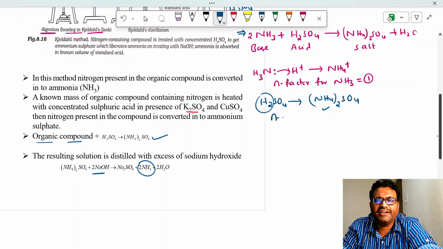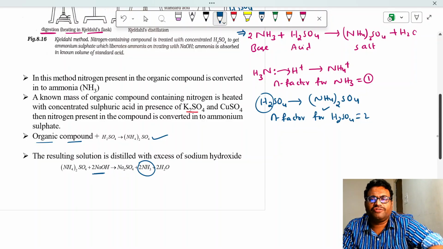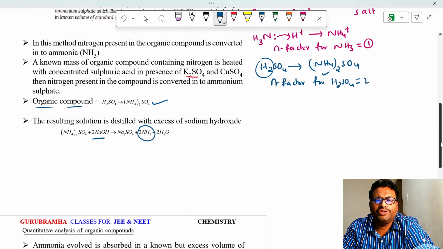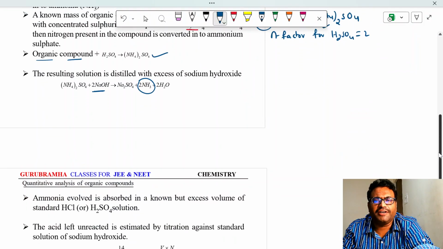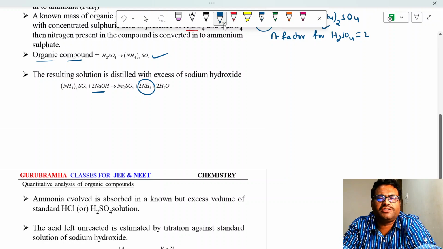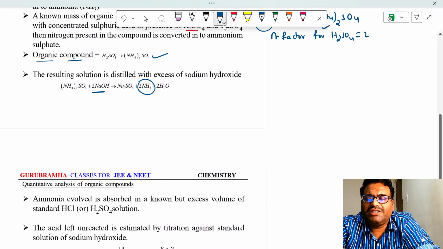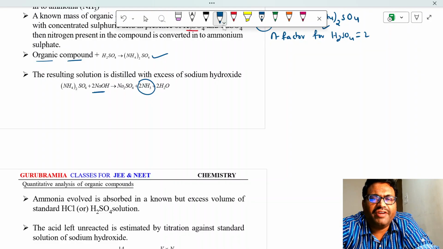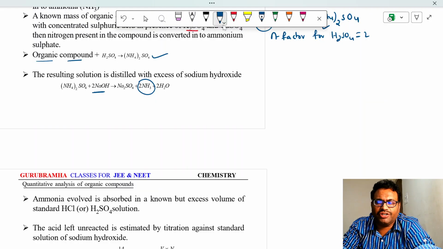So the n-factor for H2SO4 is 2. Now you have to know some more things here, so let us discuss those things. You are dissolving ammonia in excess of H2SO4.